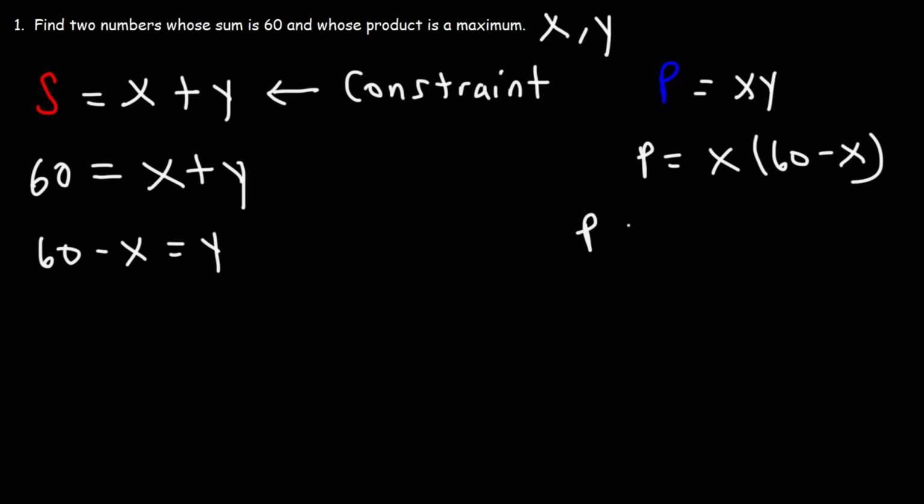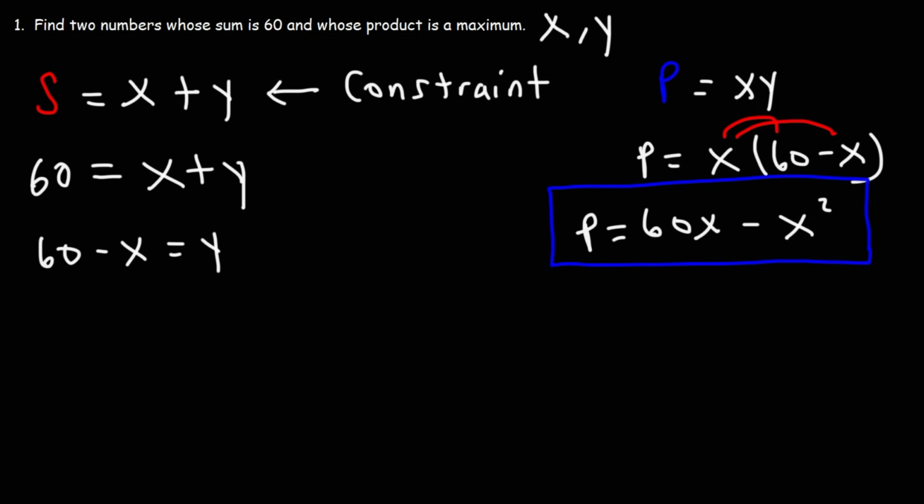Now let's go ahead and distribute x. So we have 60x minus x squared. So now we have p in terms of one variable. At this point, we could find the first derivative of p and set it equal to 0.